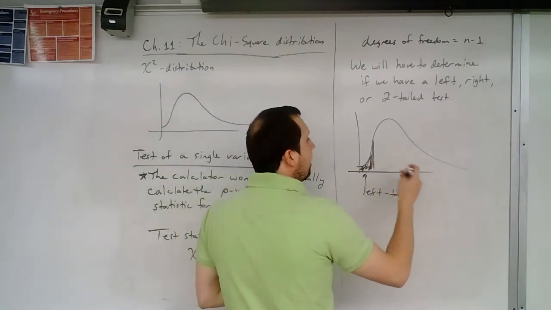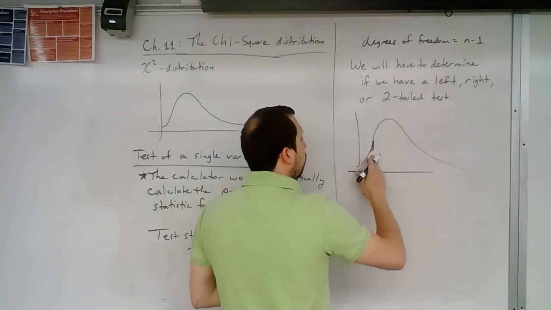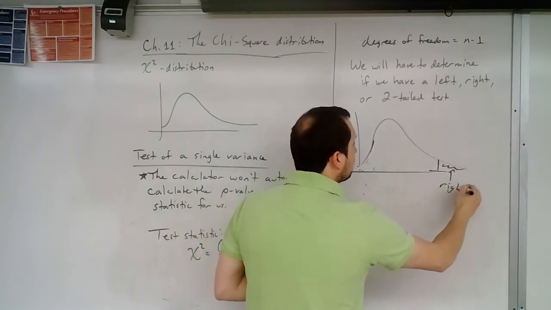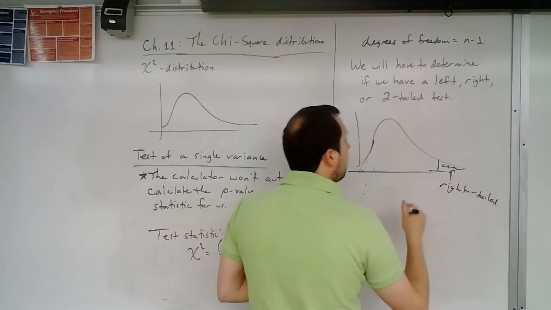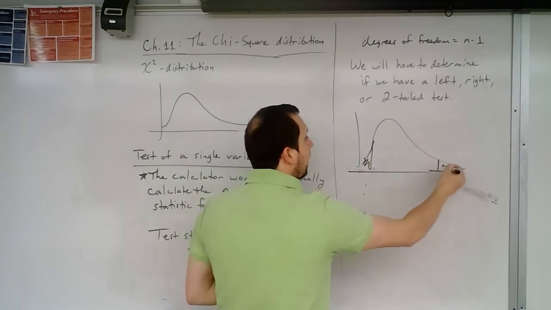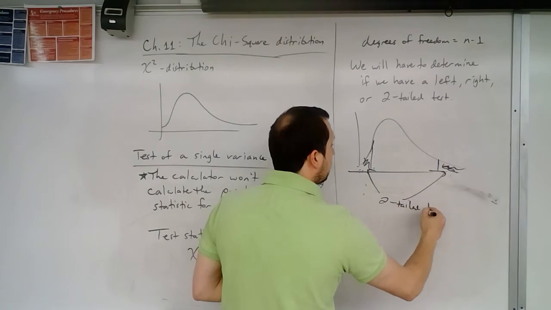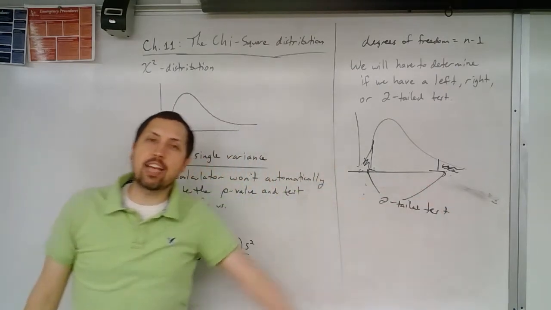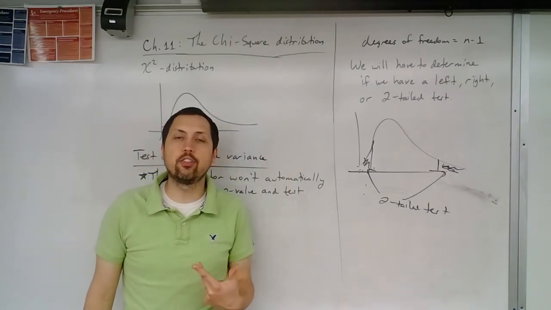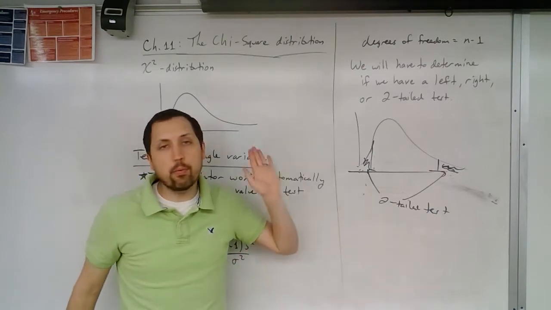On the other hand, if this wasn't shaded, but over here we're shading this end, then this would be a right-tailed test. But if it's both sides, this is going to lead to a two-tailed test. And remember, we figure this out based off of the alternative hypothesis. We're looking at the alternative hypothesis and saying, is it equal or not equal, or is it greater than, or is it less than? That will help us here.